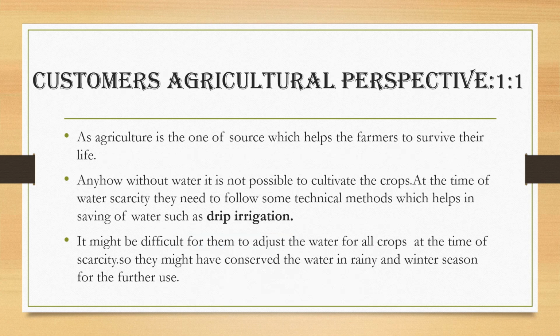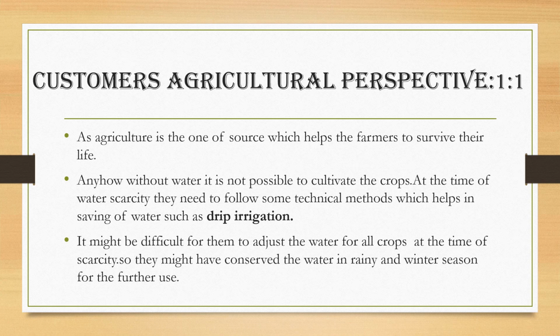So let's look at the customer's agriculture perspective. Agriculture is one of the sources which helps the farmer to survive. We know that without water it is not possible to cultivate crops. At the time of water scarcity, they need to follow some technical methods which help in saving water, such as drip irrigation.